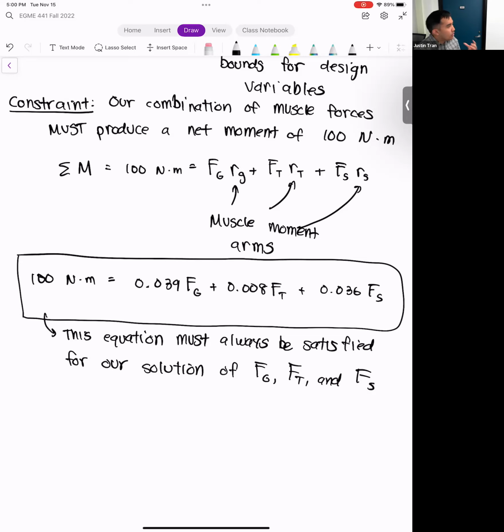So now we have to define our objective function. Okay. So remember, with our objective function, we need a way for us to determine which combination of muscle forces is better than, say, another combination of muscle forces.